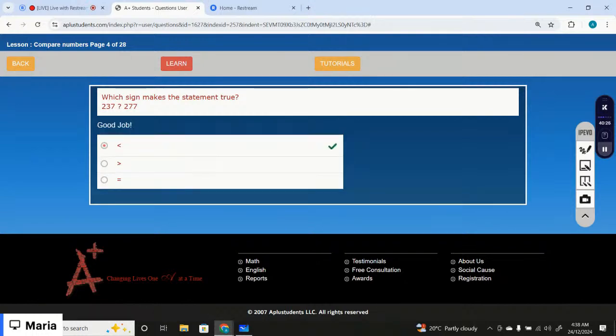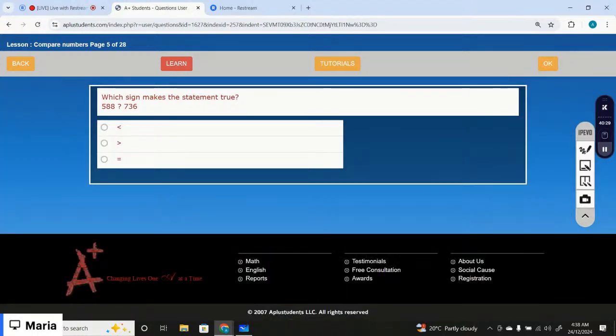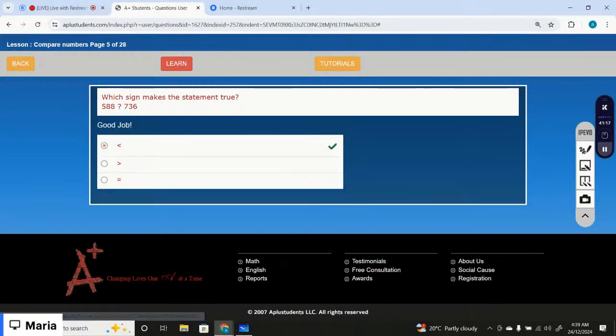Very good, less than it is. 588 and 736, which is the correct option? That is 588 is less than 736.